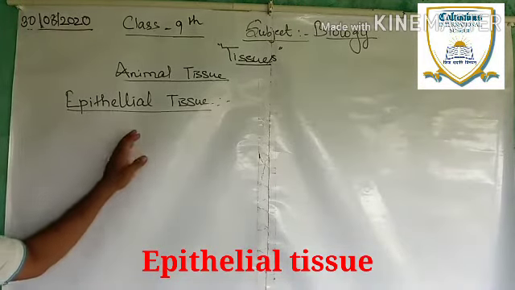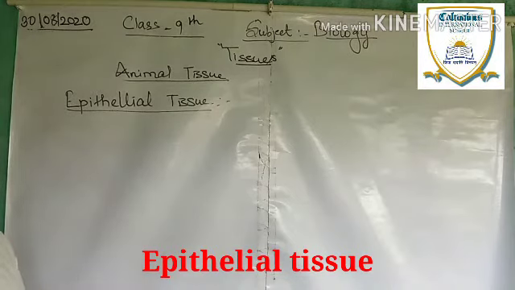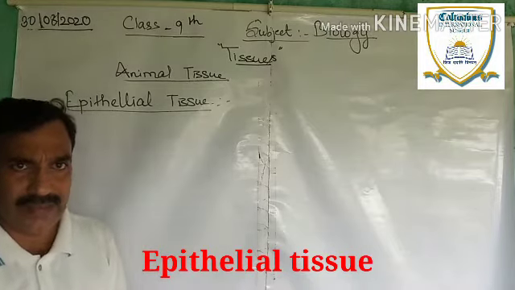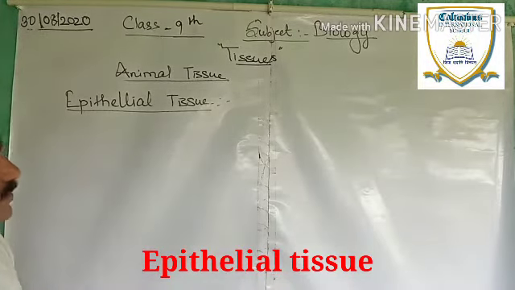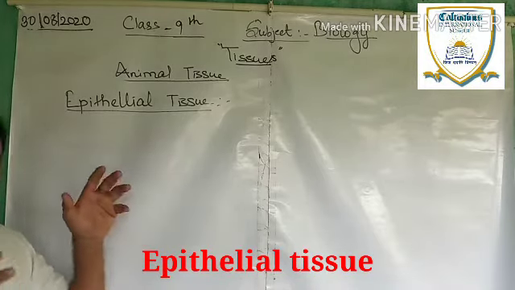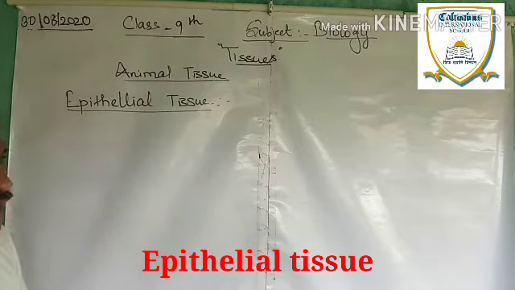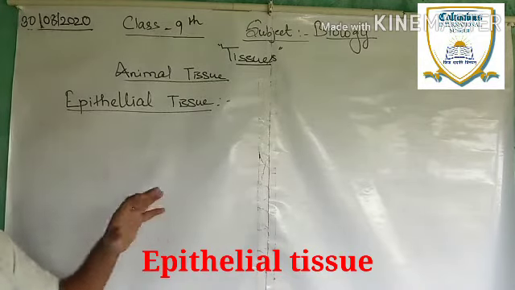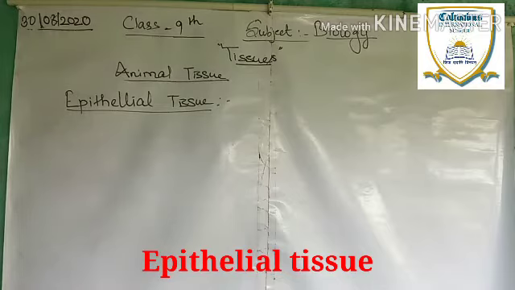So epithelial tissue are found as lining of all the organs, whether they are the internal organs or the external organs. Now, because all the organs are not same, hence we cannot say all the epithelial tissue in the same category. So further, epithelial tissue is again categorized into different types depending upon where they are found.